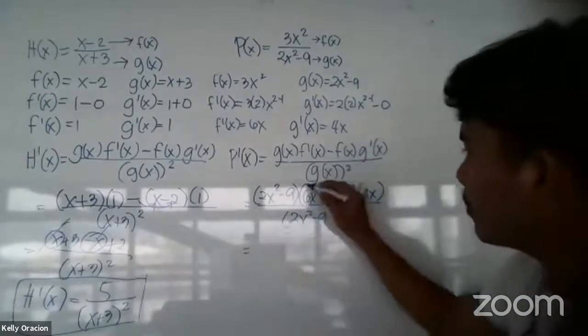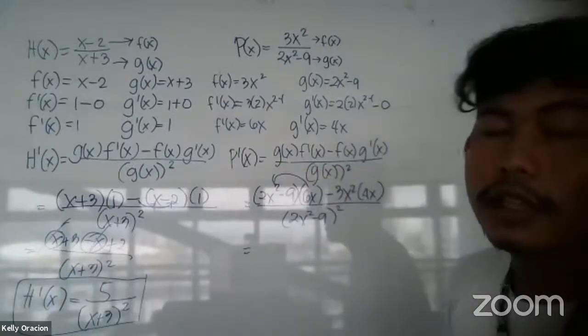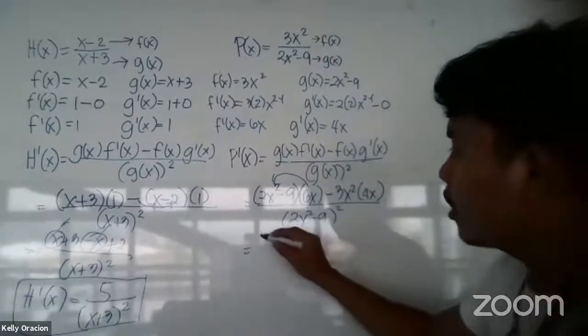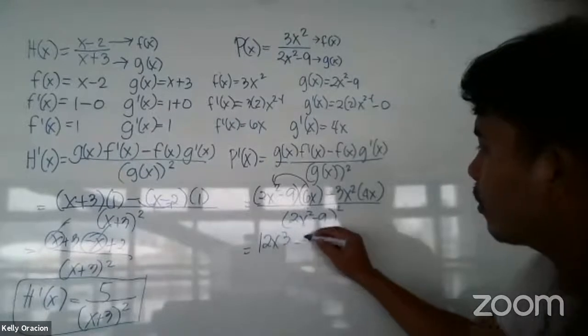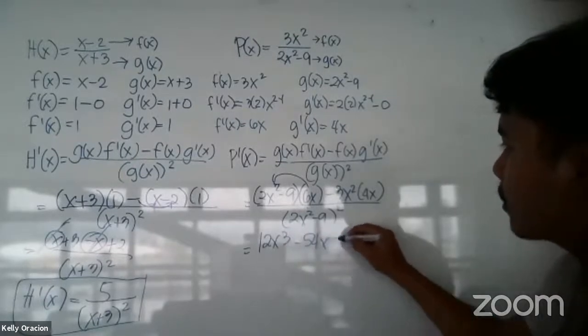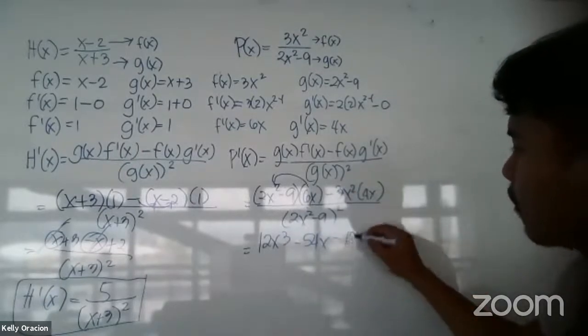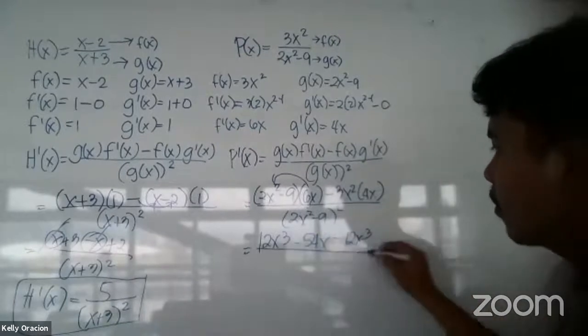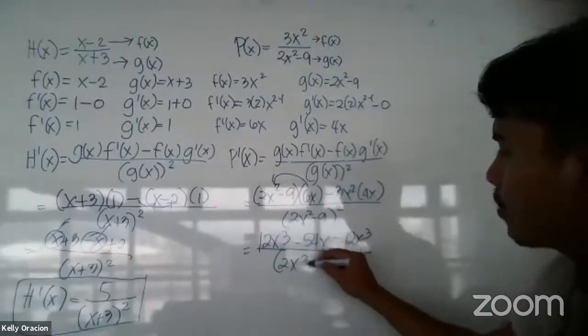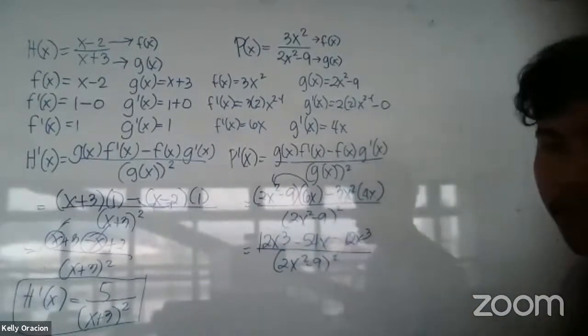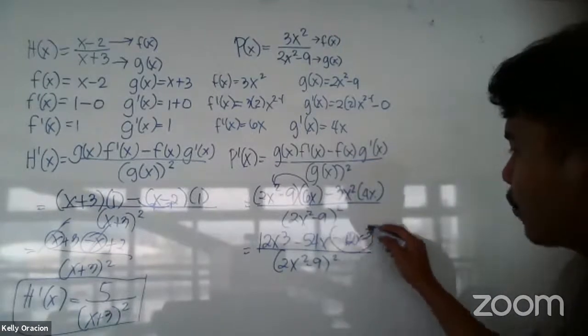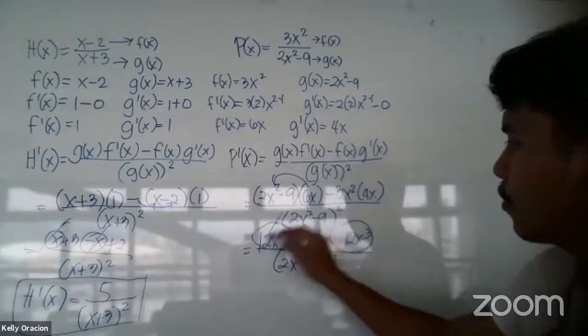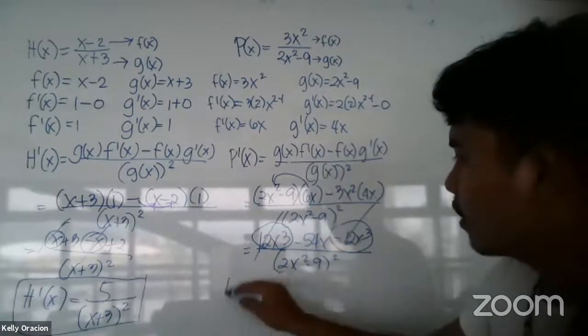Combine like terms, distribute: 12x cubed minus 54x, then minus 12x cubed over 2x squared minus 9 squared. And negative 12x cubed at saka 12x cubed, cancel.